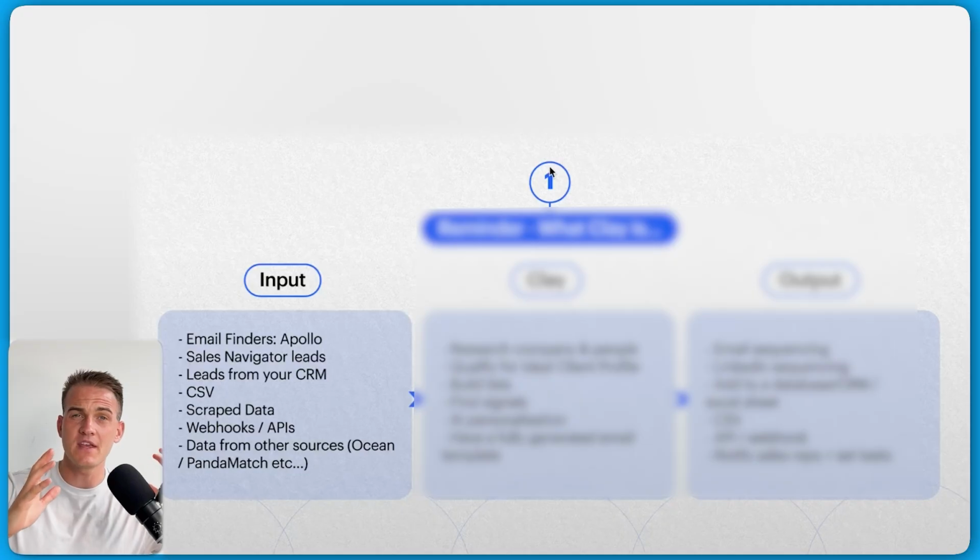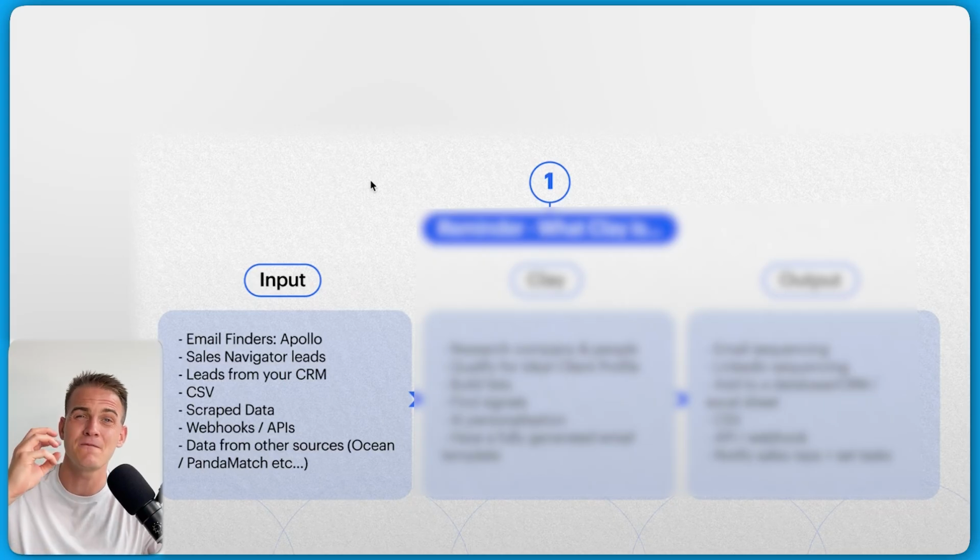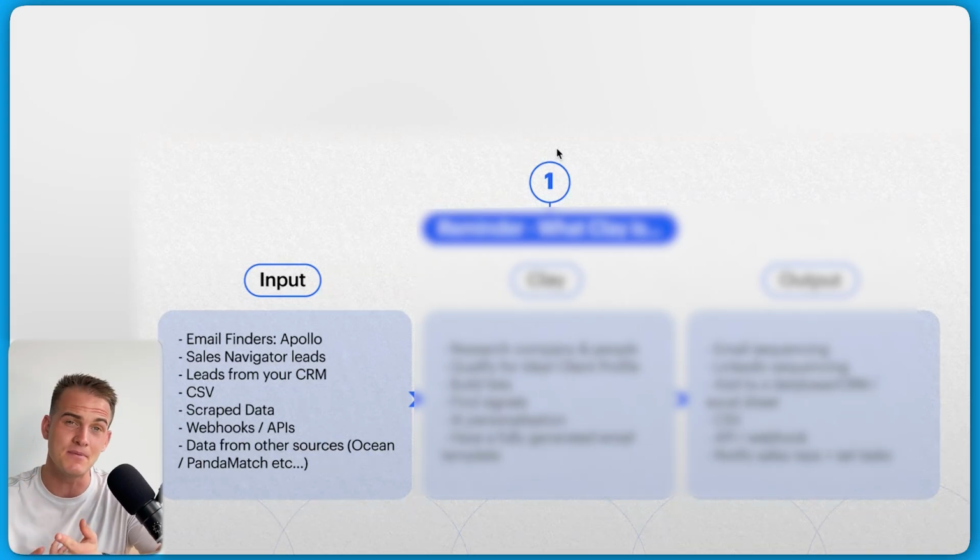Now, tip number 23, and I think this is super important to oversimplify Clay for a lot of you watching this today. I want you to think about Clay as a 3 part system. The first part of that system is the inputs. The inputs are the things that we need to feed into Clay in order for Clay to be effective. This can be job data, it can be people data, it can be company lists, anything of that sort.